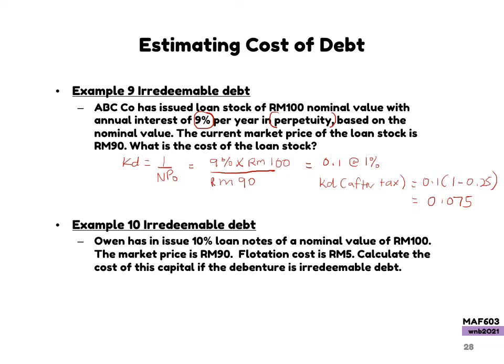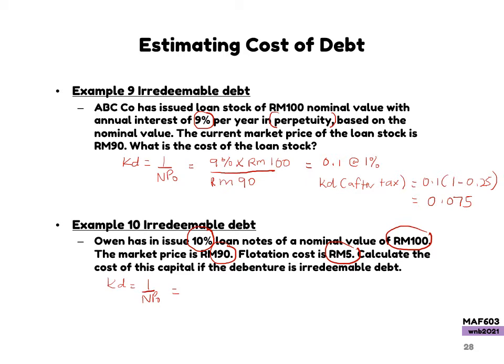Let's look at example 10. Owen has issued 10% loan notes of a nominal value of 100 ringgit. So 10% interest, nominal value is 100 ringgit. Market price is 90 ringgit, and here we have a flotation cost of 5 ringgit. Calculate the cost of this capital if the debenture is irredeemable debt. So KD equals interest over net price.